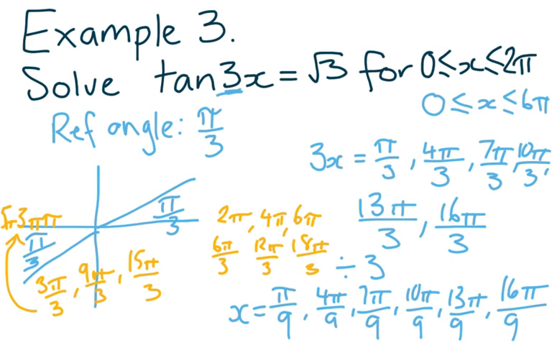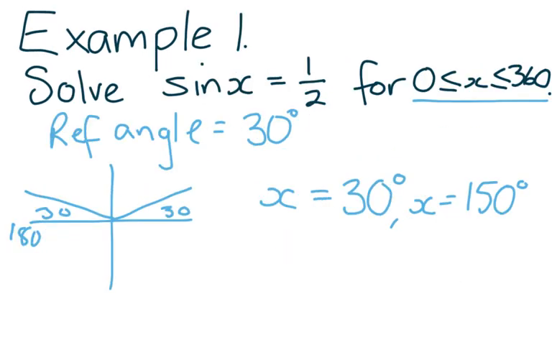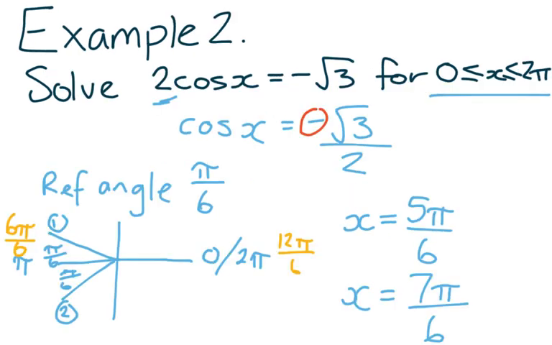So just remember, if you've got a straightforward one like example 1, very easy, write the reference angle, check if it's in degrees or radians, determine what quadrant you need to be working in, and then determine the solutions. For example 2, we need to check if we've got a number out the front before we start. Can we move it over to get an exact value?